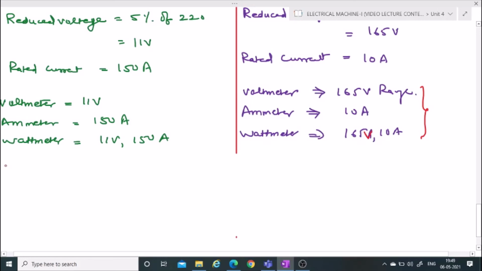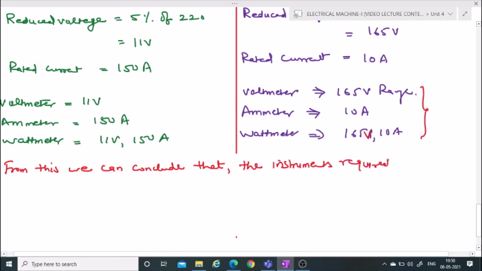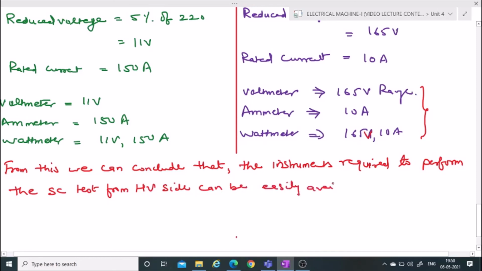So from this we can conclude that the instruments required to perform the SC test from the high voltage side can be easily available as compared to the low voltage side required instruments.